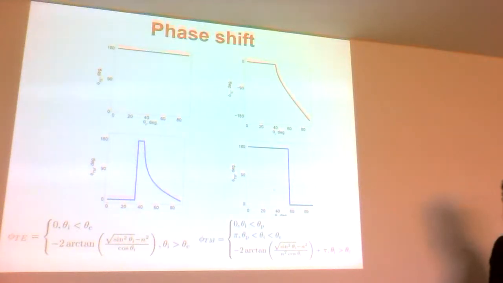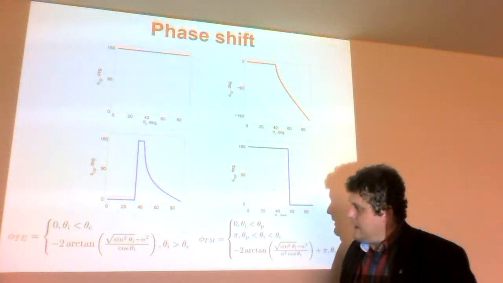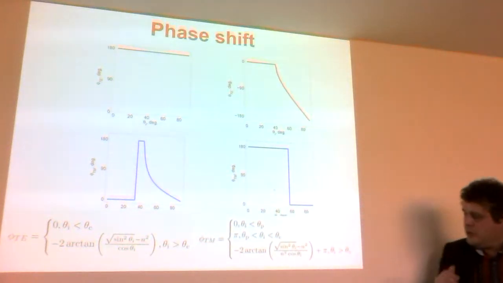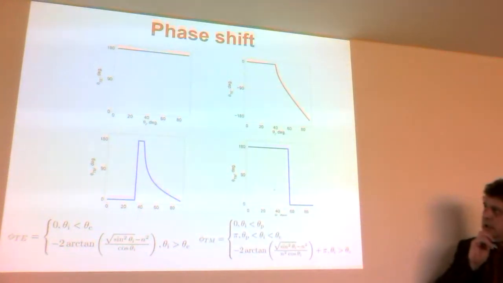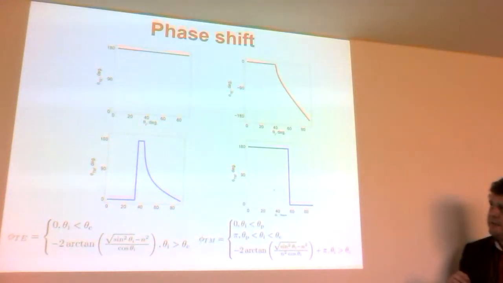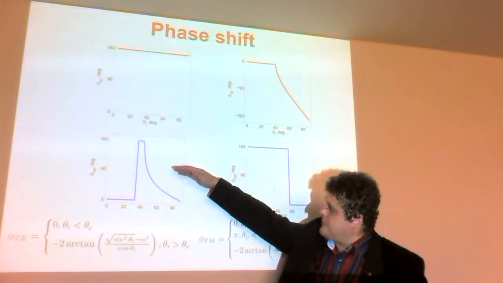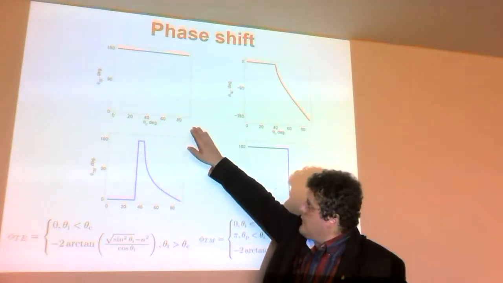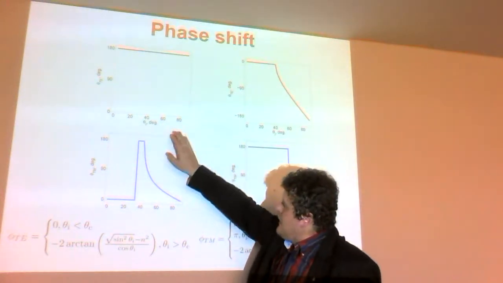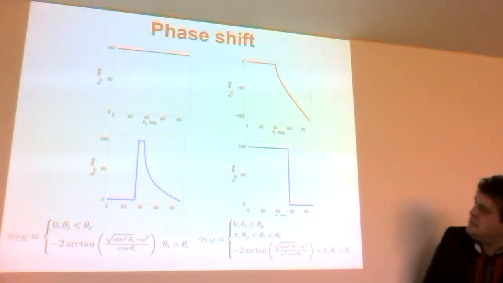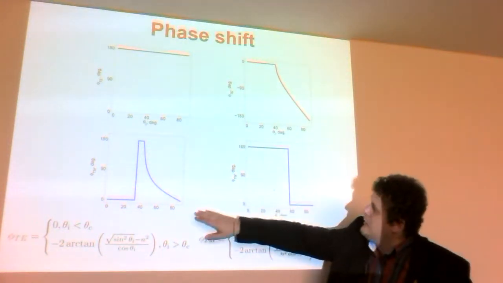If we consider what happens with this phase for these two cases, we will have, for one case, when the refractive index goes from smaller to higher, no phase shift for one component, and then there will be a shift.